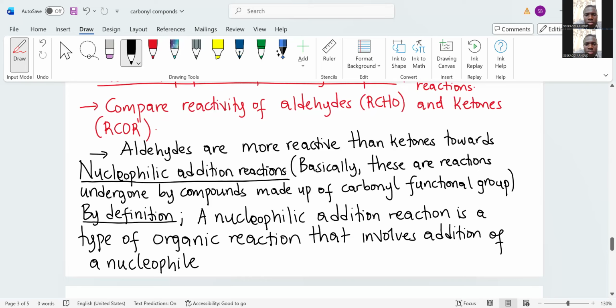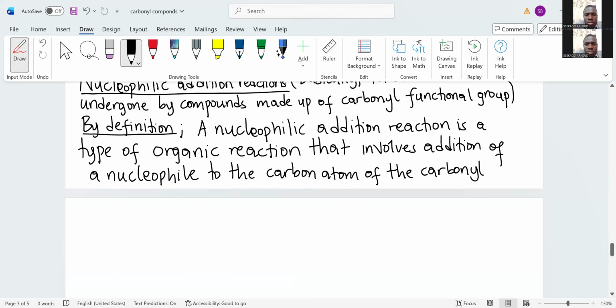It involves addition of a nucleophile to the carbon atom of the carbonyl functional group to form a single product.